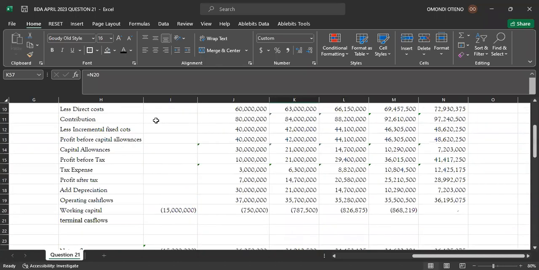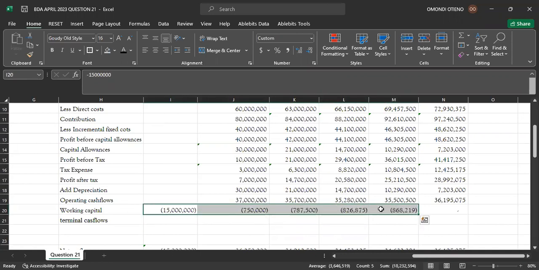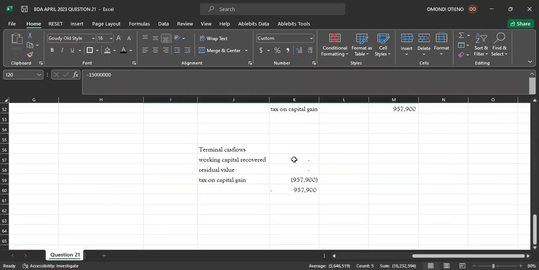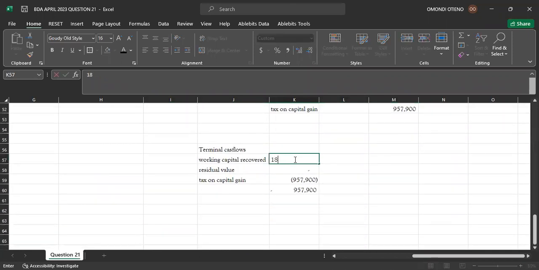This is the amount: 18,032,594. Then the residual value is 20 million.